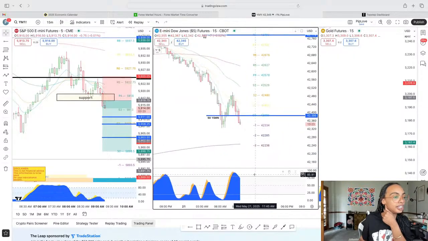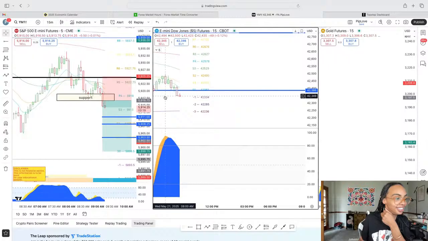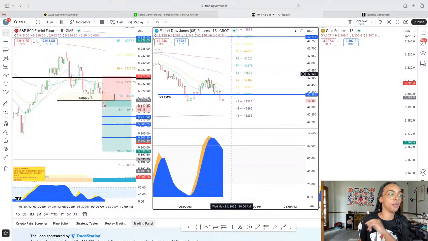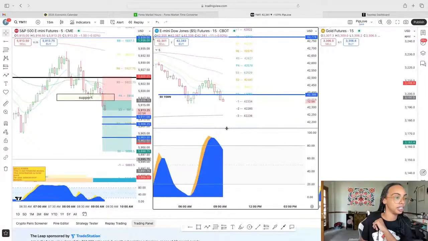Our RSI is giving us major selling vibes here. Oversold, pushing down. This is an indication that we may see these pivotal levels shift because price is making lower lows. Let's also see, if we were in this trade, seems like price is selling 42,340. We'd be looking to take it down to 42,250, down to this area.